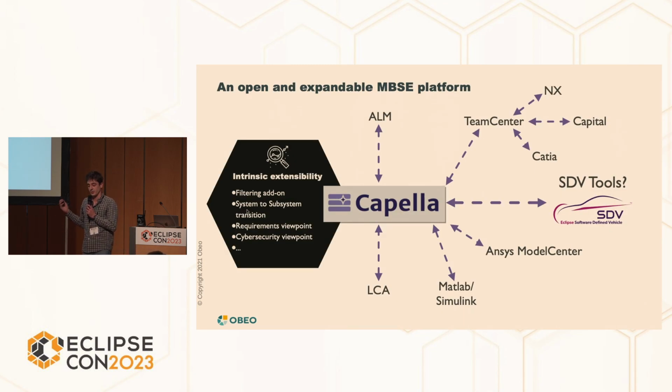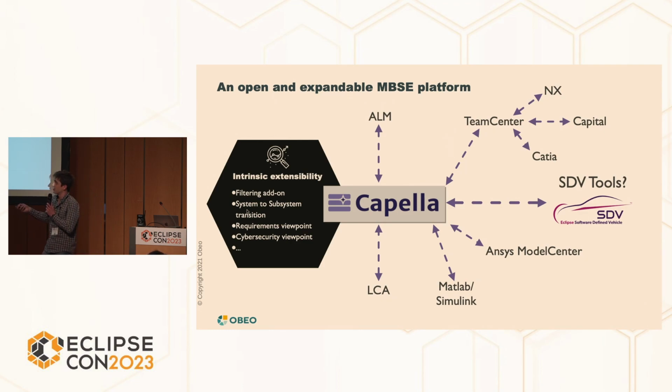And the reason why we're here is, as I said, it's a reference, but also as an Eclipse project, it was really thought to be an open platform that you can easily customize, extend, and connect with other tools. So on the left, you see some intrinsic extensions. Members of the Capella ecosystem develop their add-ons to model things that aren't included in the core version.